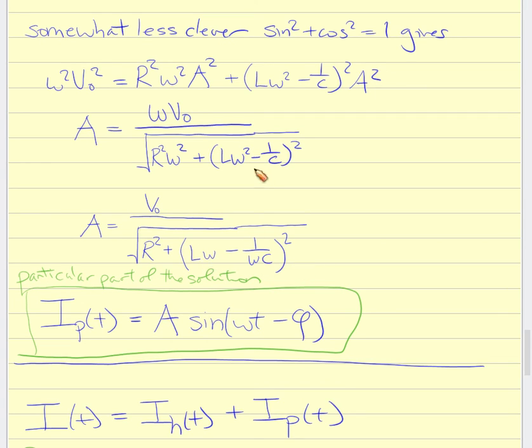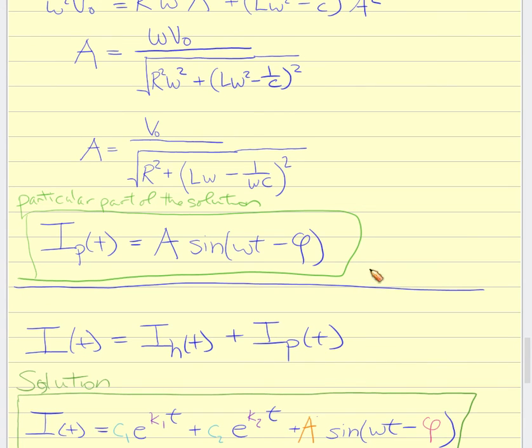And here it doesn't cancel out the omega squared directly because this whole parentheses is squared, so it's just going to cancel one of the omegas. And this whole jumble of numbers gets us to the solution of the particular part.